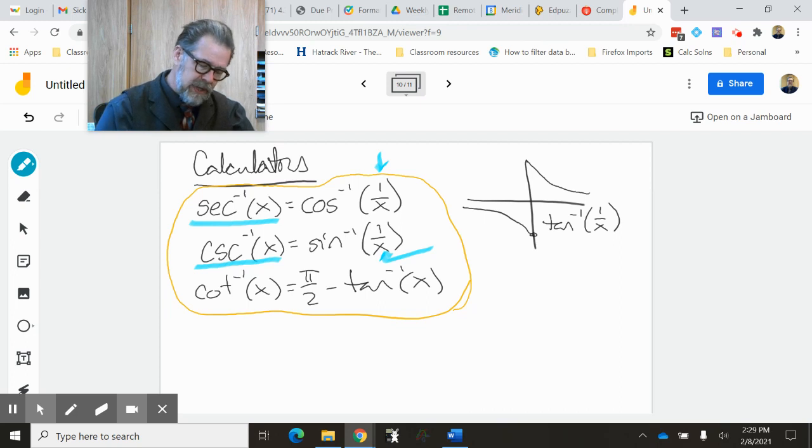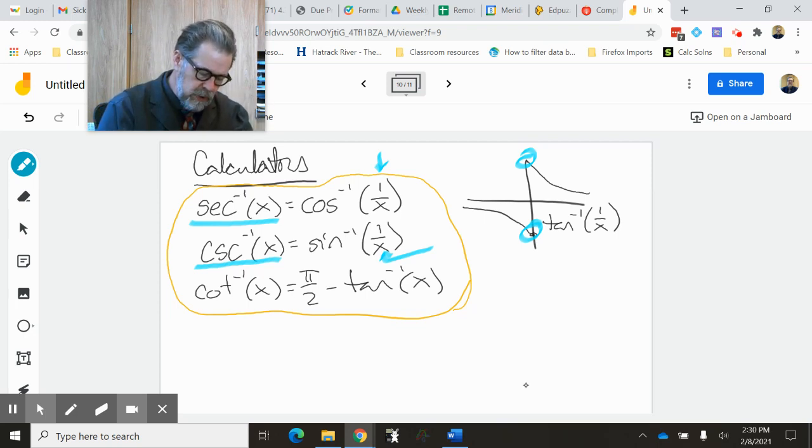Now, we can't use this relationship for cotangent. And here's the problem. If we look at the graph of tangent of 1 over x, notice what happens. We can't have a value of x equal to 0. So we can't use inverse tangent 1 over x to calculate inverse cotangent.